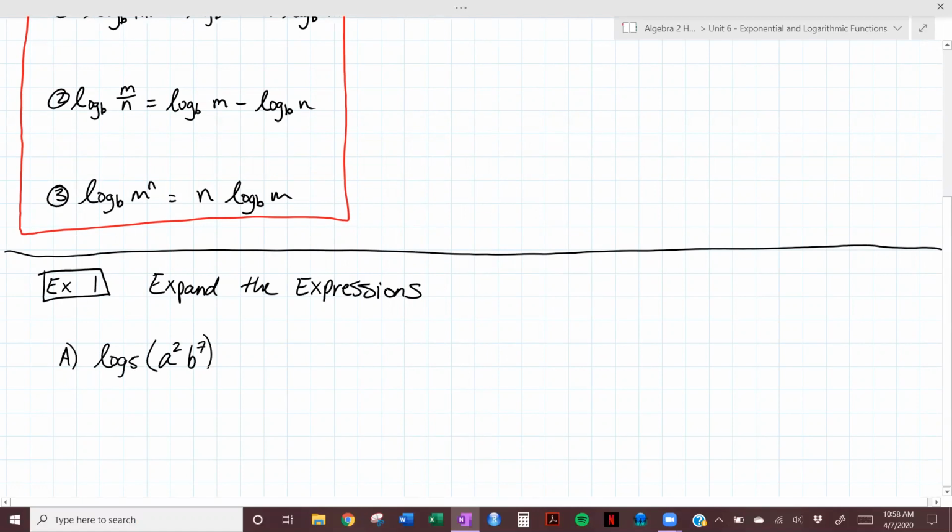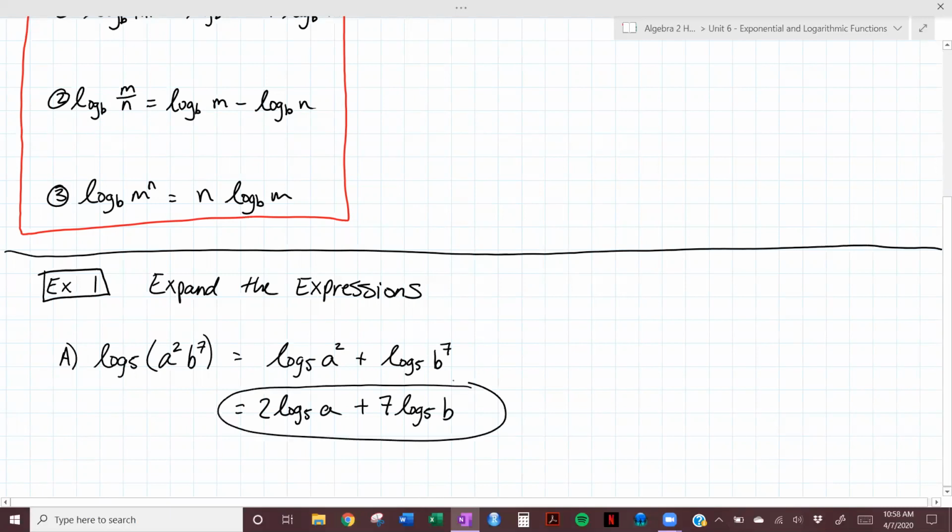Step 1 is to break it up into individualized parts. So we would have log base 5 of a squared plus log base 5 of b to the 7, then break it up even further. So this becomes 2 log base 5 of a plus 7 log base 5 of b. Okay, that's your answer.